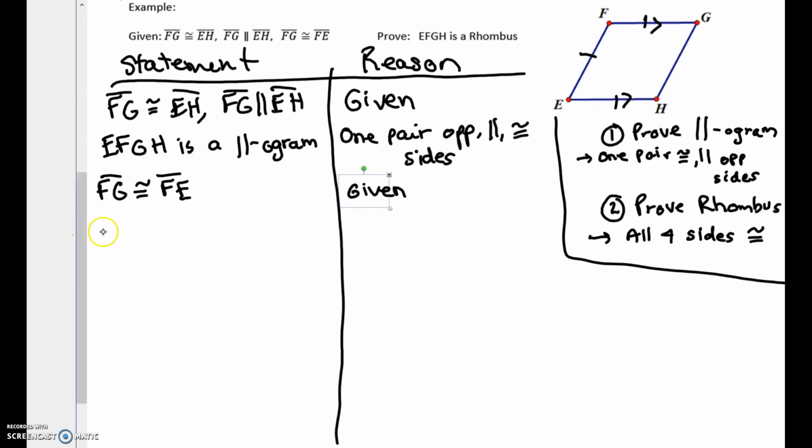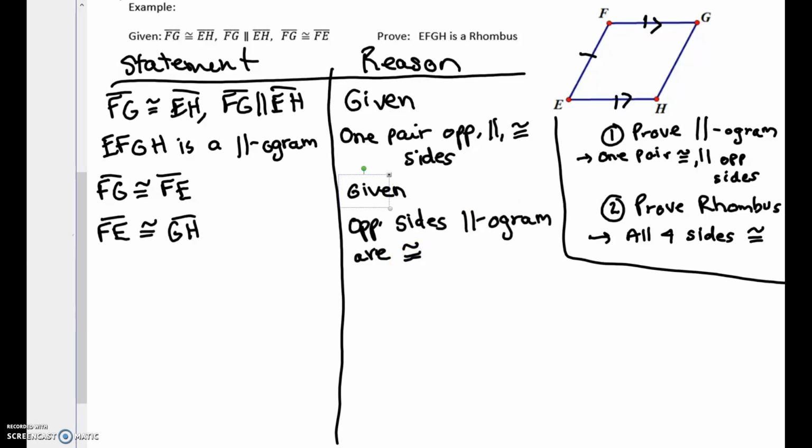I know that FE must be congruent to GH, because the opposite sides of a parallelogram are congruent. And so by the transitive property, FG must be congruent to GH as well.